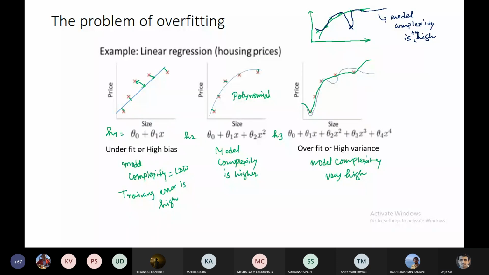And though the training error is less, one thing happens in this case: by considering all the points, the training error may be very less, but it loses generality.